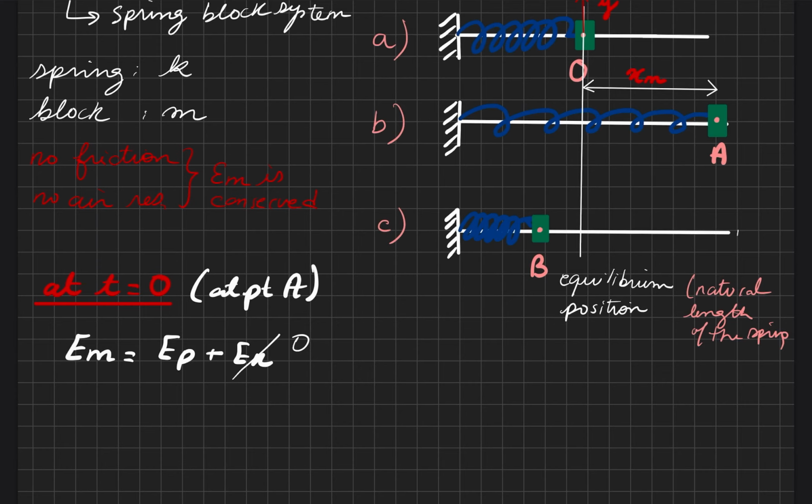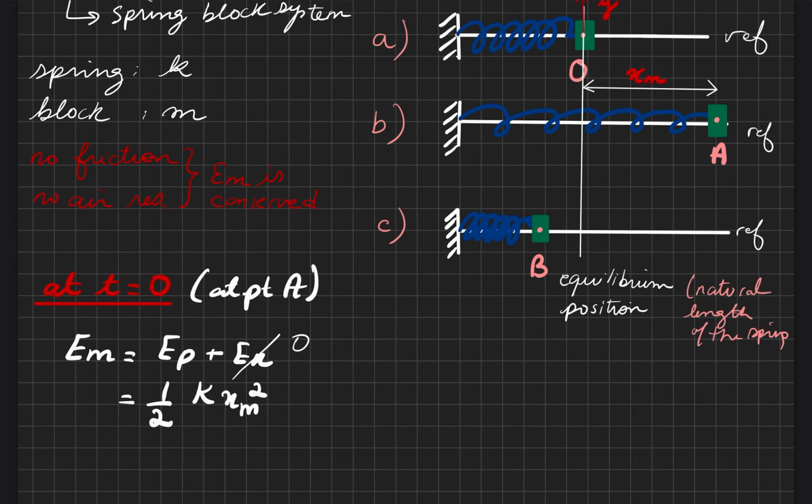We can take this line as the reference, so we will end up with no gravitational potential energy. What we have is the elastic potential energy, that is equal to half K xm squared, right?